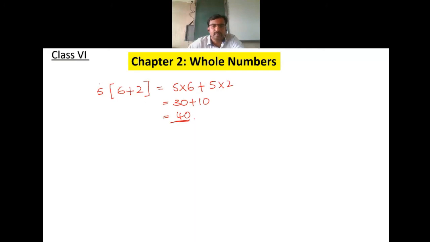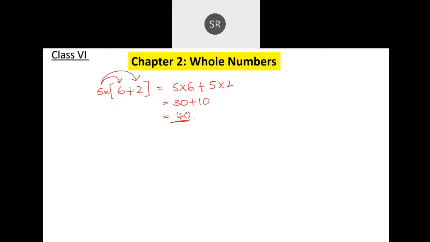Here, what did I do? I have multiplied 5 to both 6 as well as 2. This property is called distributive property.